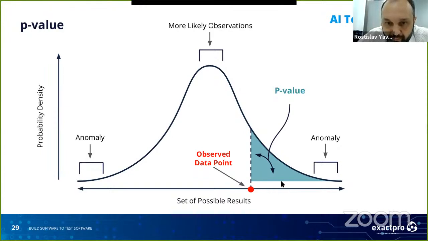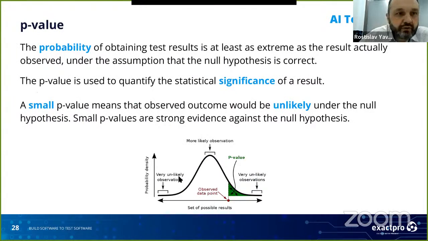So in order to measure the probability of your alternative hypothesis, you compute the sum of all probabilities which are above your observation. So actually, p-value is just used to quantify the statistical significance of your result.